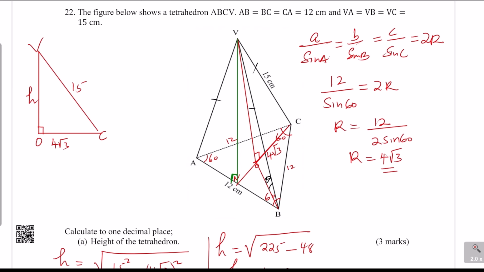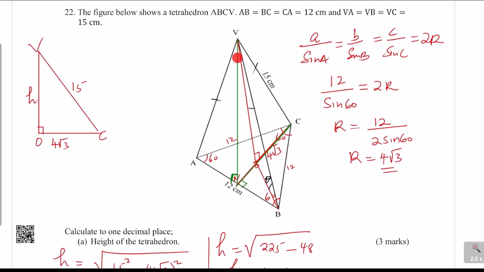And then for the other plane, ABC, also draw a perpendicular from this point C to the mid of these, like this, to that point. So it will also meet this one at 90 degrees. So look at what I've done.